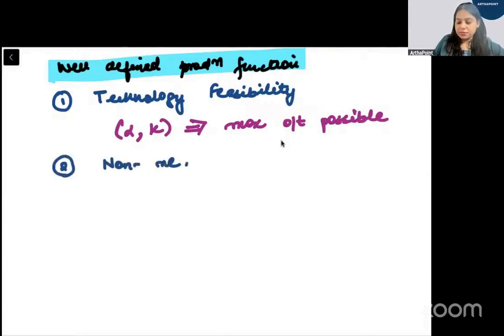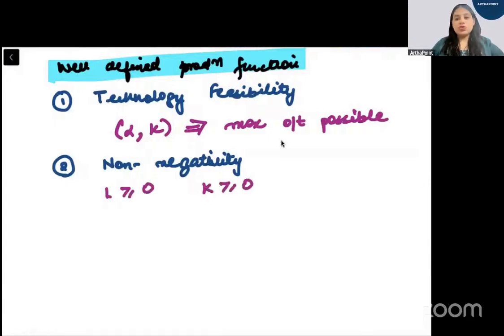Second, non-negativity. Non-negativity basically says that your input and output must be non-negative. Means, I can only use L greater than or equal to 0, K greater than or equal to 0, and my output should also be Q greater than or equal to 0.